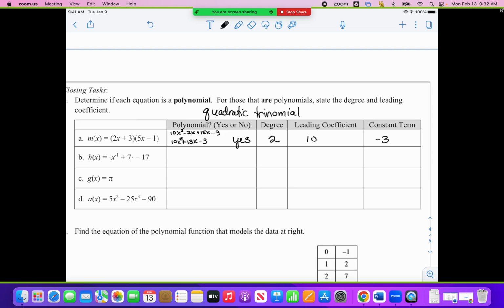All right, letter B. Drew, do you think this is a polynomial? No, it's not. And let's go ahead, in case you're asked this on the quiz Friday. Why is this one not? Yeah, DP? Negative exponent. Good job. The negative exponent. Polynomials. Okay, here's the big idea that we want to review.